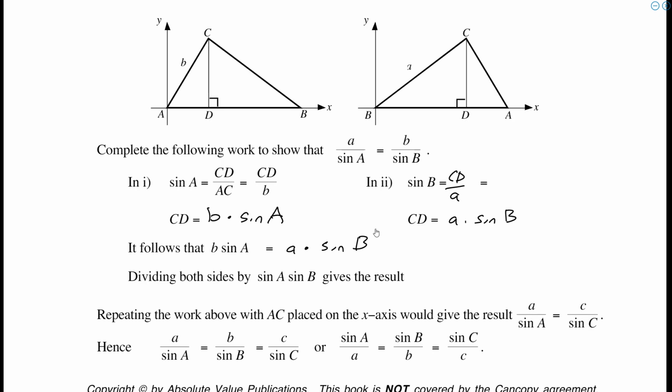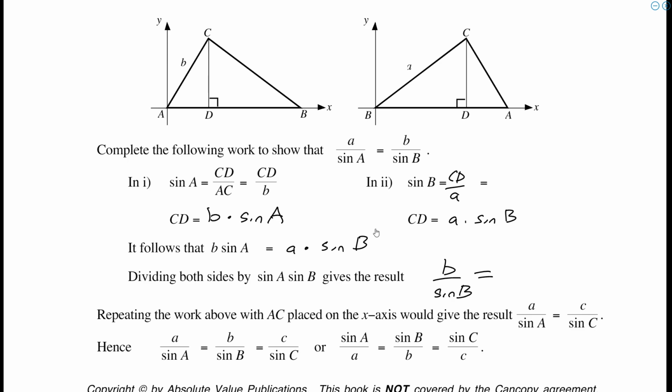And if we divide both sides of this equation by sine A times sine B, let's do this. Divide the left side by sine A over sine B. We end up with B over sine B, because the sine A is canceled.